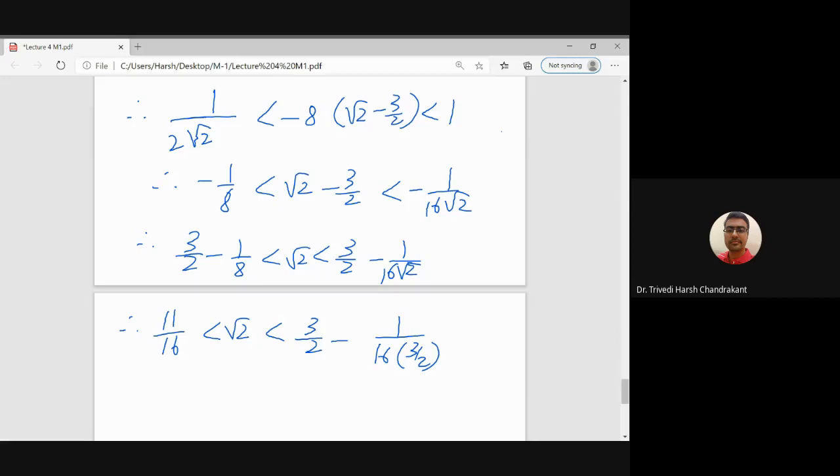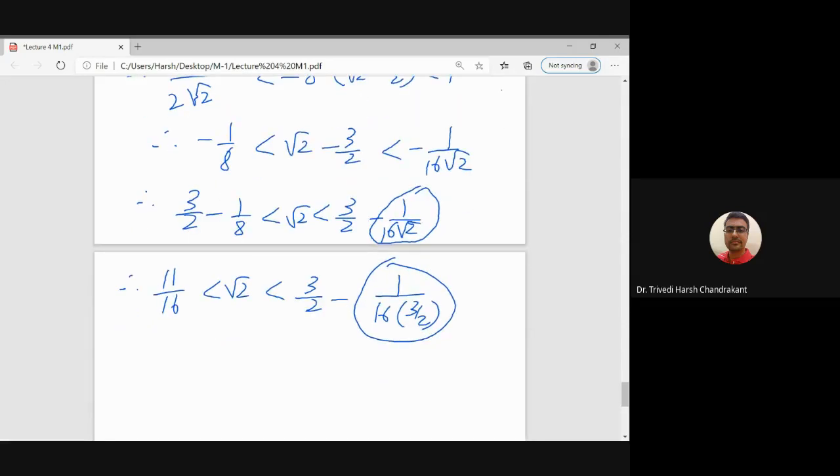So here what we have done is that this term we have approximated by 3 by 2. So what we are using is square root 2 is less than 3 by 2, right? Because we could take square on both the sides, then we get 2 is less than 9 by 4. So that is 8 is less than 9.